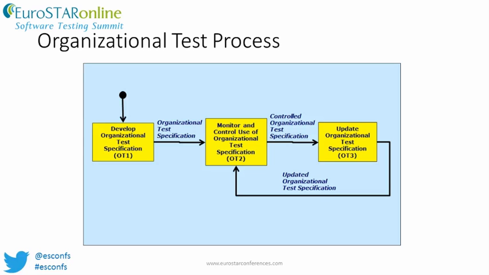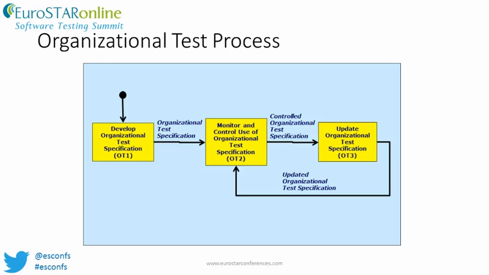If the organisation is large enough to run projects that are quite dissimilar, say in different programs, there may be organisational test specifications that are specific to each program. A test policy defines the scope of testing and describes the principles and high-level objectives expected of all testing within an organisation. It is expected to be a high-level document of only a couple of pages that is understandable by executives and aligned with other executive-level policies, such as the quality policy.